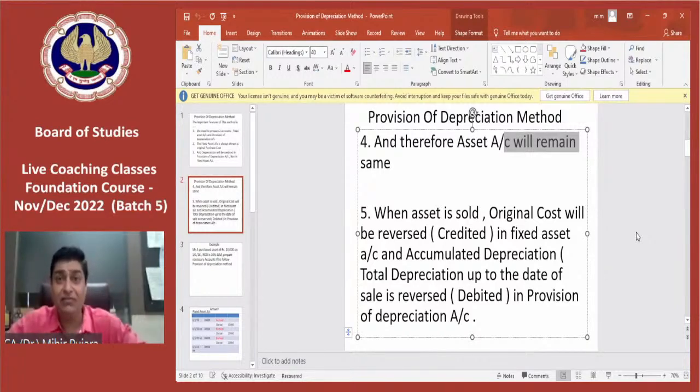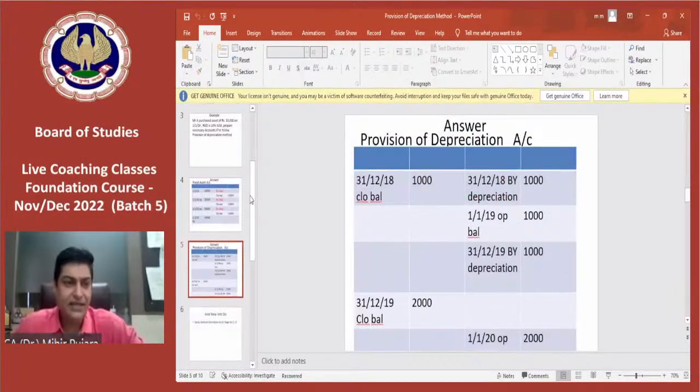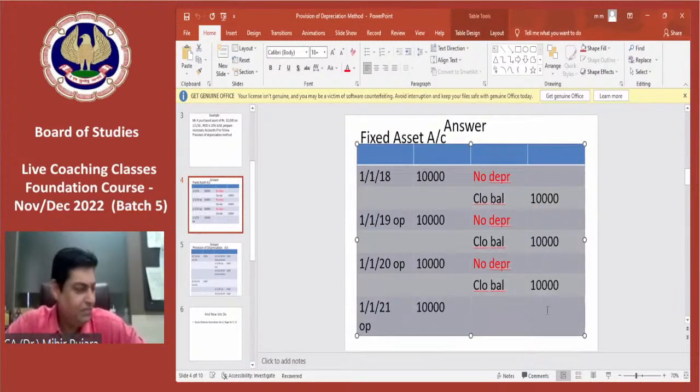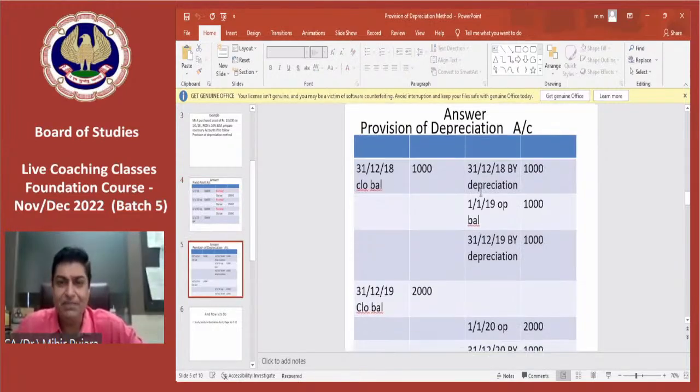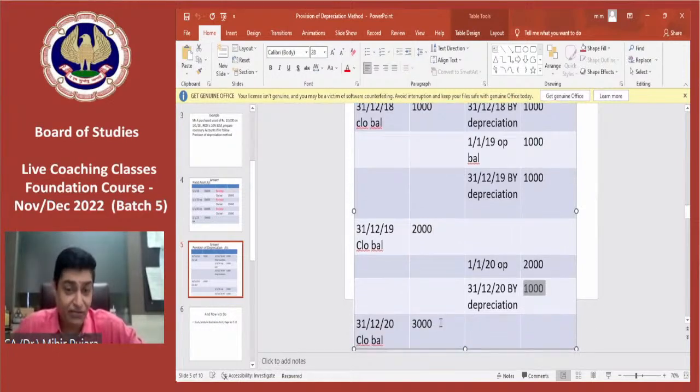This is the basic of what we understood. And then if you recall guys, we did a small question of this, in which we understood that the asset account will remain the same. 10,000 asset purchase, it will remain the same because no depreciation, okay, and depreciation will be separately credited. 1,000 depreciation, 1,000 closing, 1,000 opening, plus second year 1,000, so 2,000 closing, plus 1,000, so 3,000 is opening.